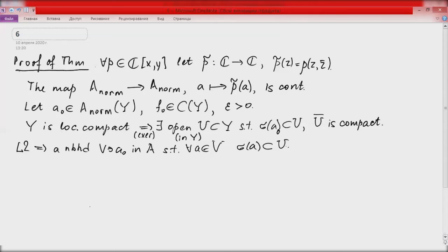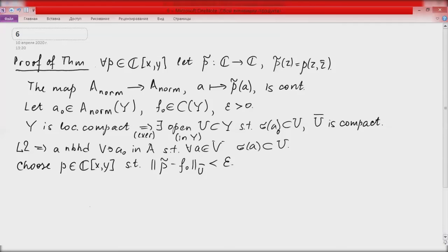Okay, let's now choose a suitable polynomial. We choose a polynomial P in two variables, such that P tilde is uniformly close to F0 over the closure of U. So I mean that we choose it in such a way that this norm is smaller than epsilon.